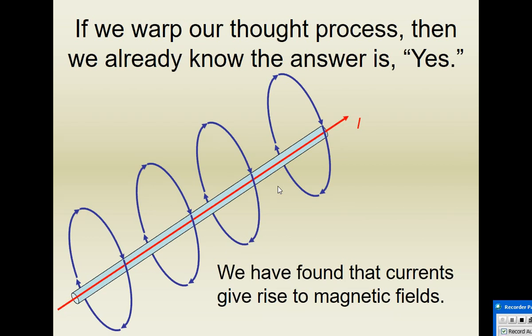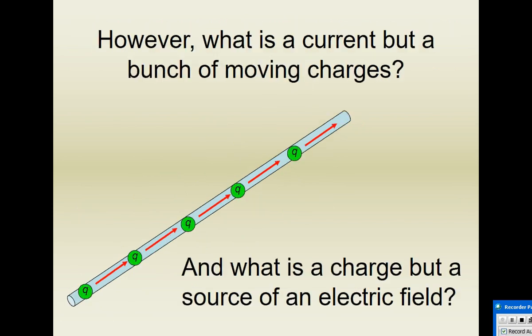What we know is that electric currents give rise to a magnetic field. Well, an electric current is just a bunch of moving electric charges. So even a single moving electric charge is going to create a magnetic field. Well, let's think about that in a slightly different context. If I have just a single electric charge, that's the source of an electric field.